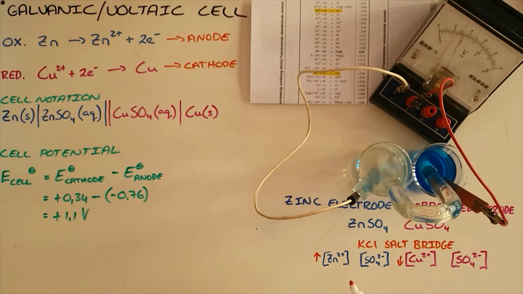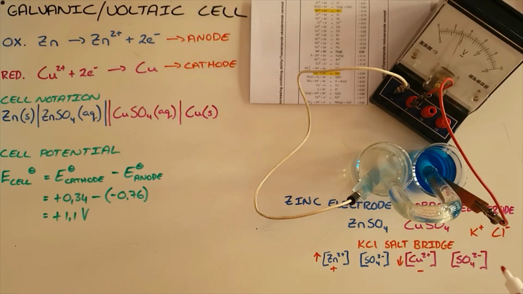As a result, since the concentration of positive ions in this beaker increases, we can see that this beaker would become increasingly more positive, while since the positive ions are leaving this solution, this beaker would become increasingly more negative, which is the function of the salt bridge, which we know is potassium chloride.